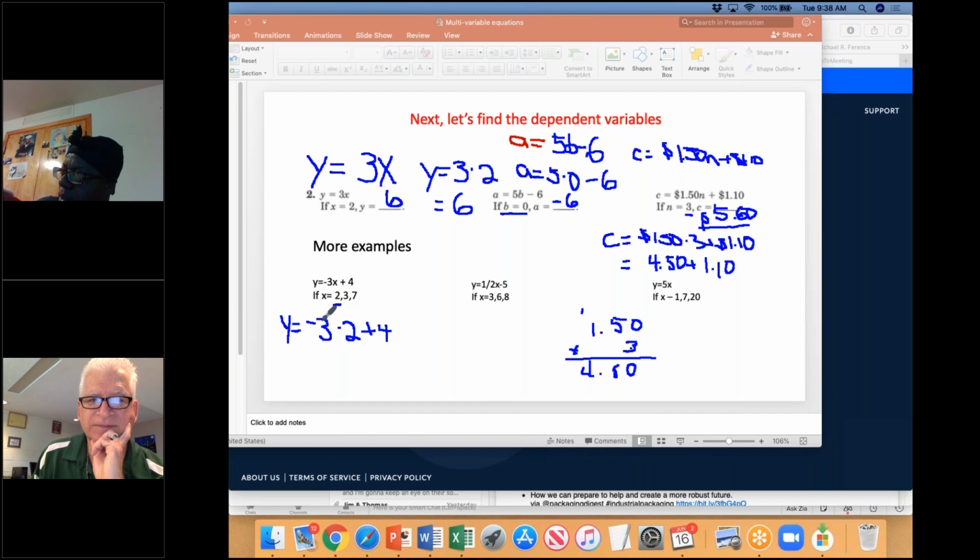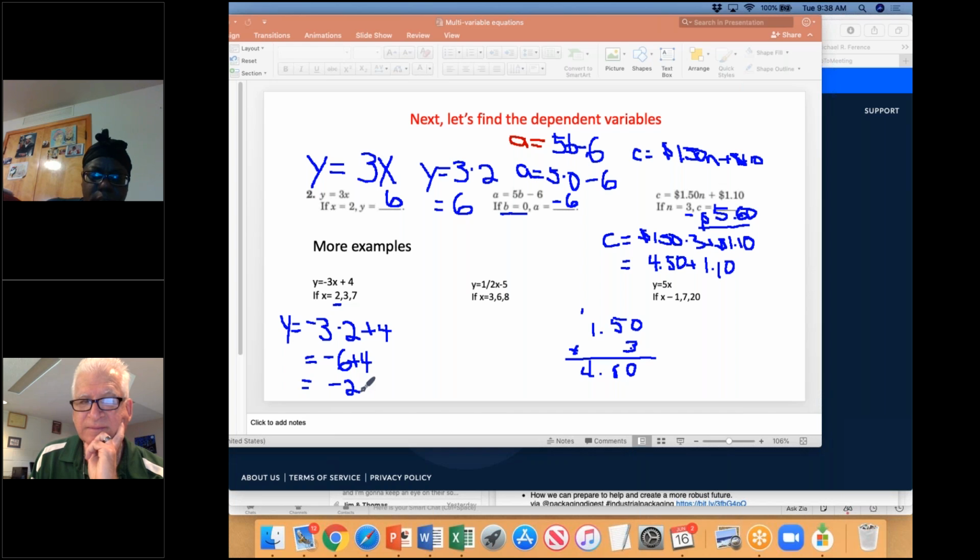Well, you're close, because negative 3 times 2 is negative 6. Negative 6 plus 4. And that equals 10? No, because it's negative 6 now plus 4. So negative 6 plus 4 is negative 2.